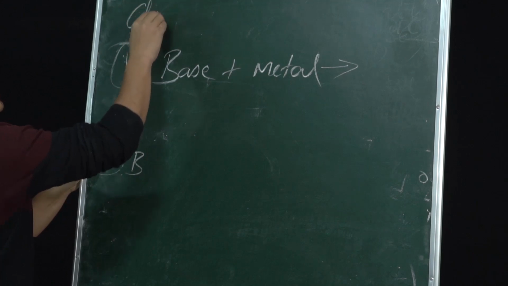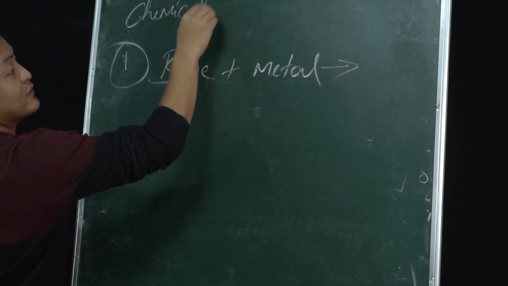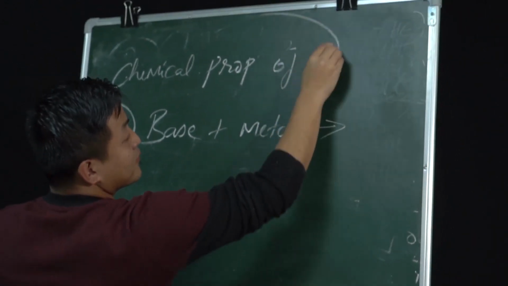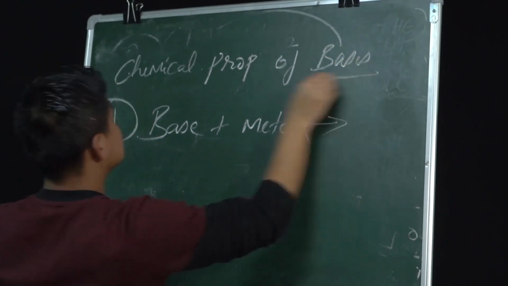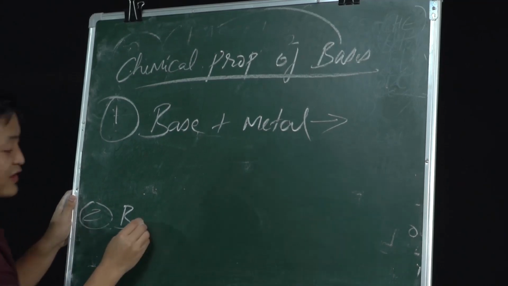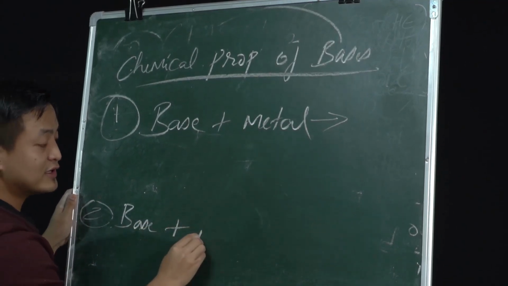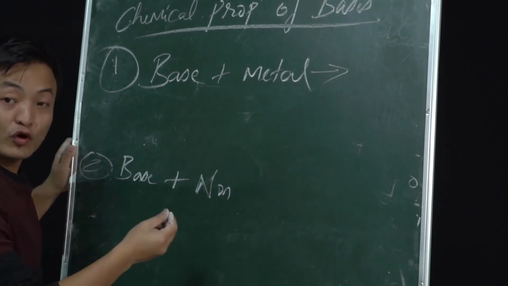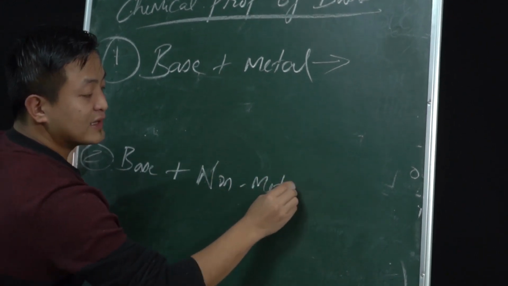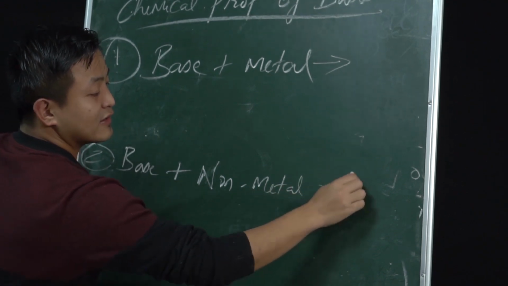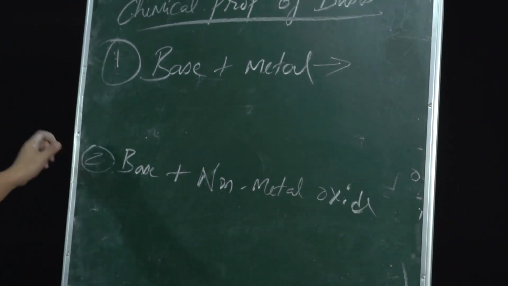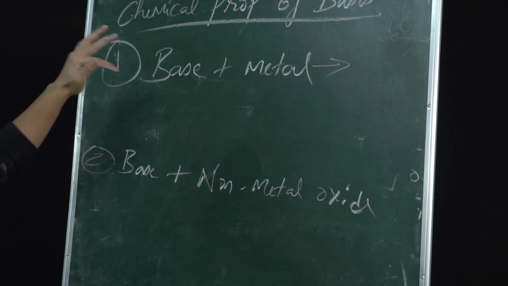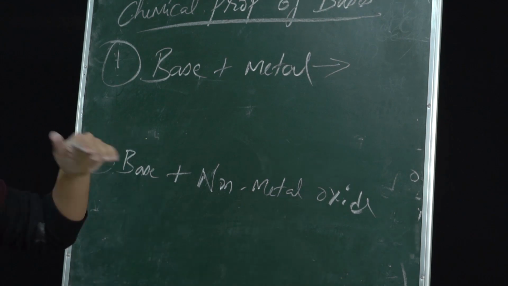Now, the second one, base reacting with non-metal oxide. What will we get? So for chemical properties of base, we'll study these two, that is base reacting with metal and base reacting with non-metal oxide.